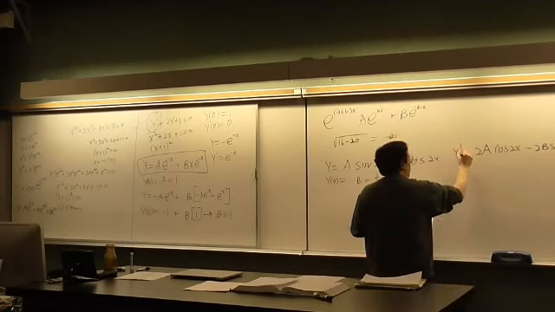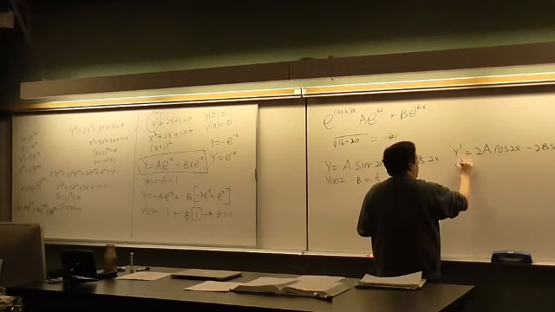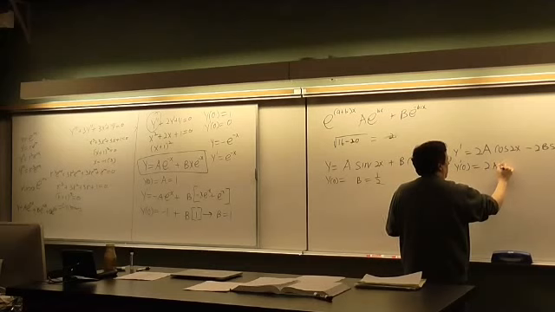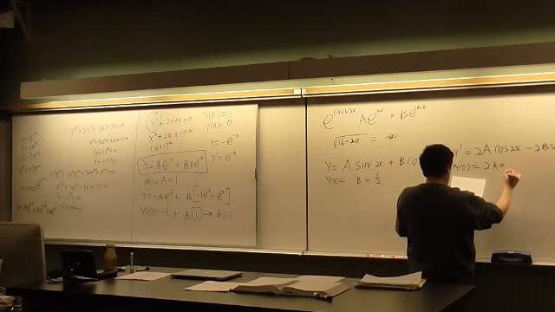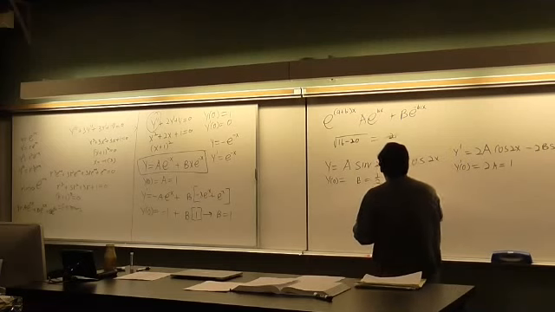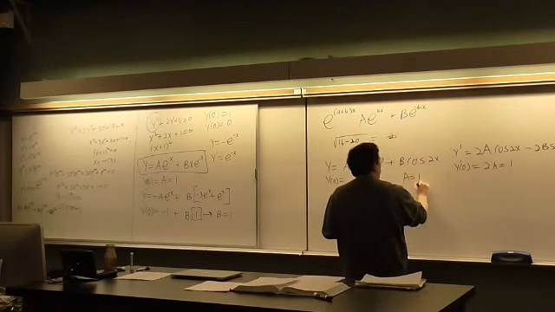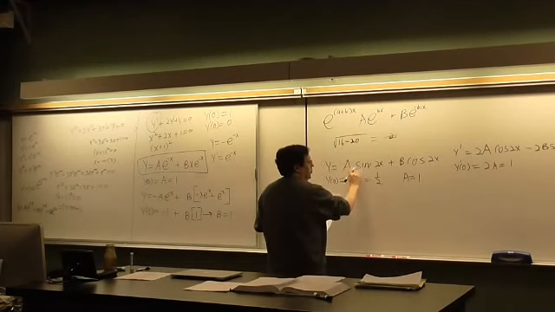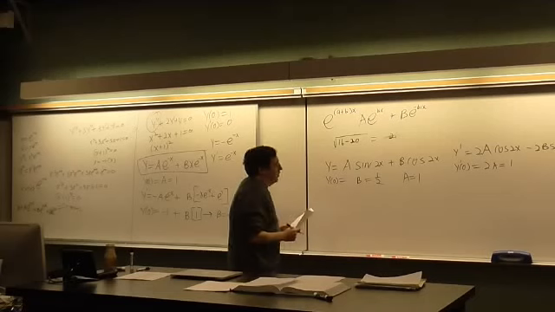Right, that's y prime. So y prime at 0 is just 2a, which is equal to 1. So a is equal to 1. So that should be the solution here, except I don't think I did it right.